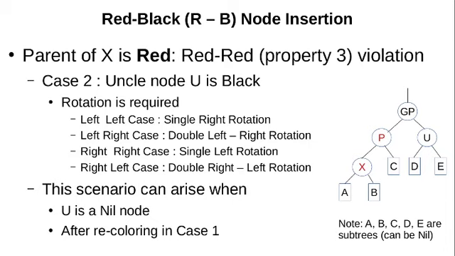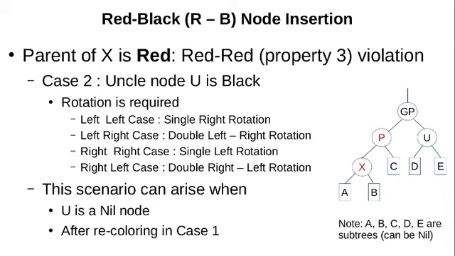Similarly, when P is a left child of GP and X is the right child of P, it is a left-right case and a double left-right rotation at GP should be done. When P is the right child of GP and X is also a right child of P, it is a right-right case and a single left rotation at GP should be done. The single left rotation is the mirror case of single right rotation.